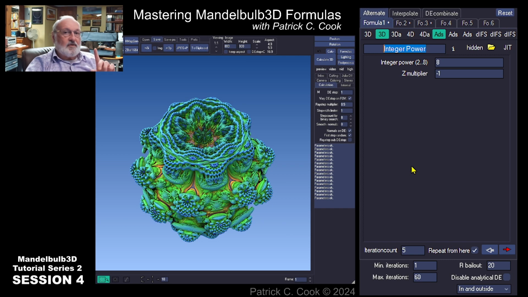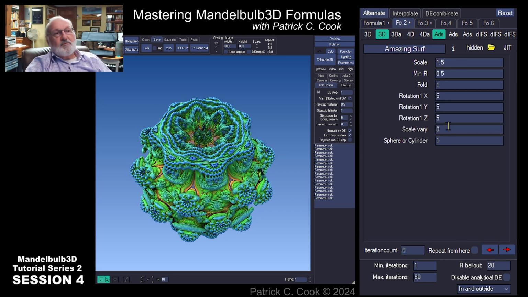To be accurate, up to 5 times, because if another condition is met, then the iteration discontinues and stops. That condition is called our bailout. We'll talk about that later.